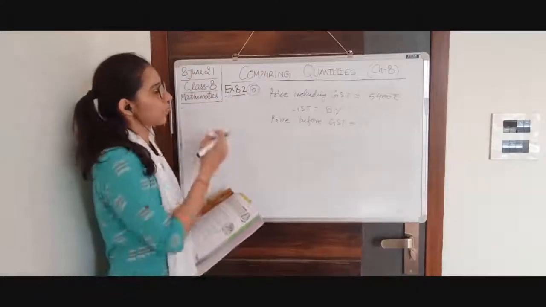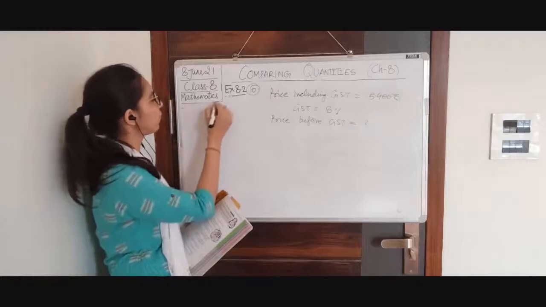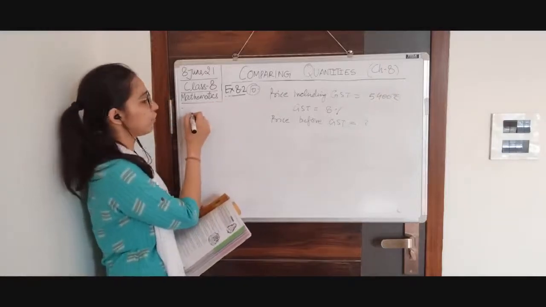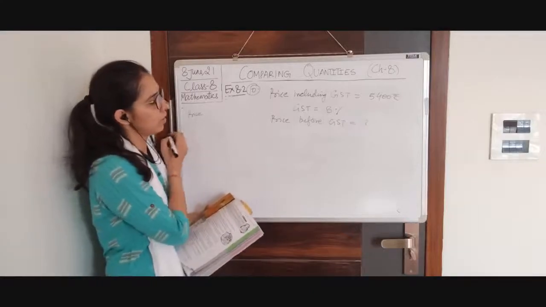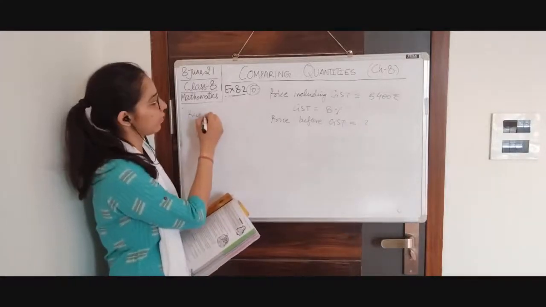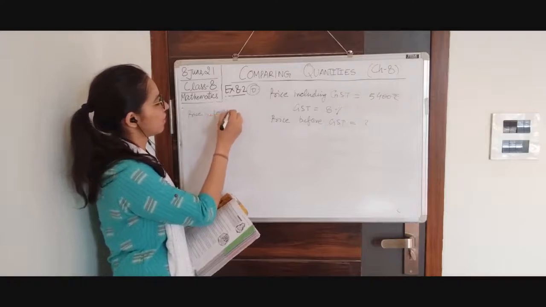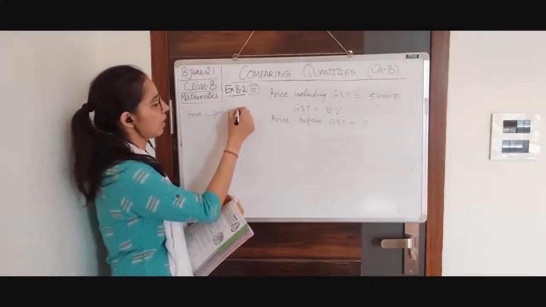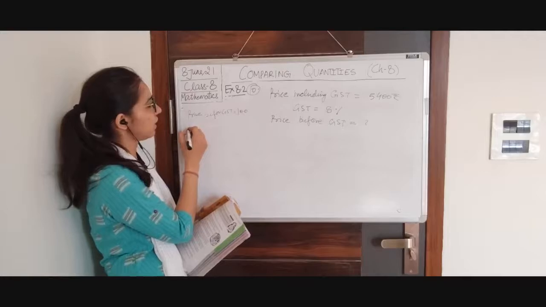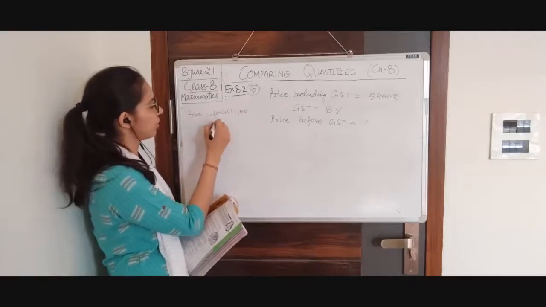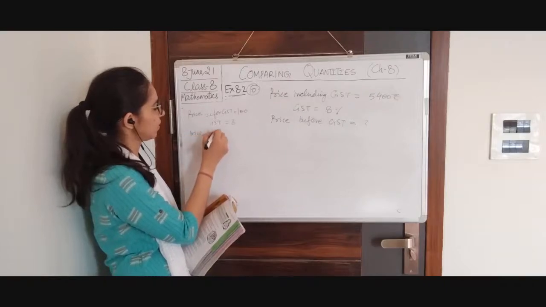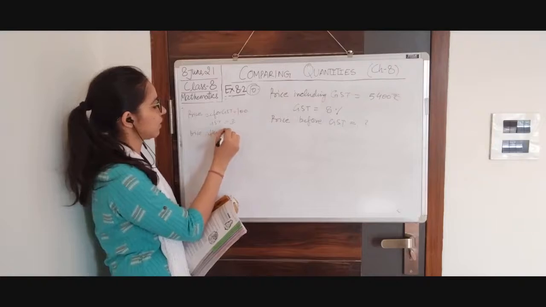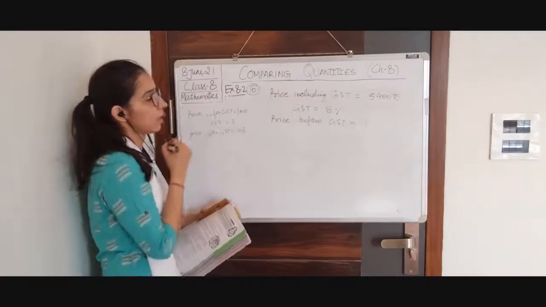So again, we will use concept of 100 as whole. If price before GST was 100, and your GST is 8, then your price after GST will be 108.